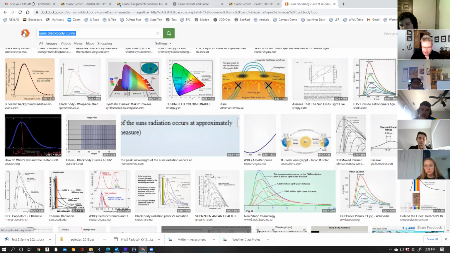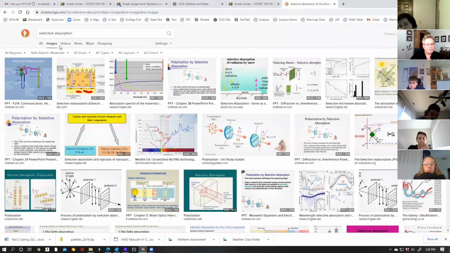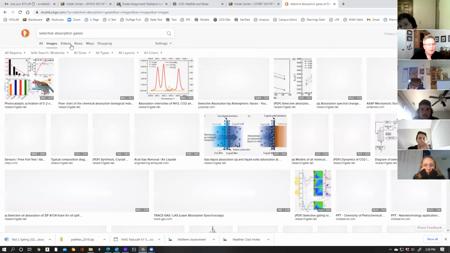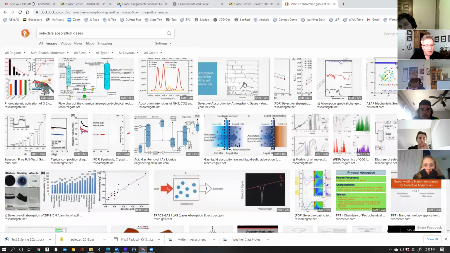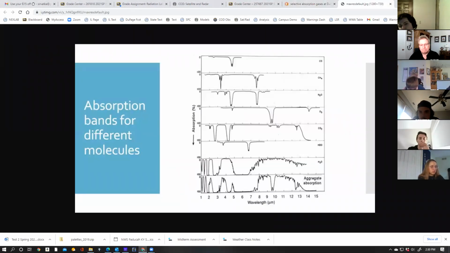So what I'm going to do is I'm going to look at, hold on, I'm just having a brain meltdown. Selective absorption. Gases. Okay, and what I want to do is look at this chart here. Okay?